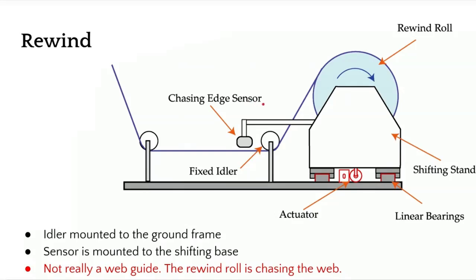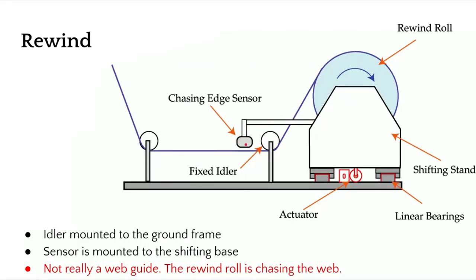And the main reason why we do that is that we need to maintain the relative position of the web and the rewind roll. If we put the sensor on a fixed frame and look at this rewind roll, then we would not know the relative position between those two. That's the main reason why we attach the sensor onto the moving rewind stand.